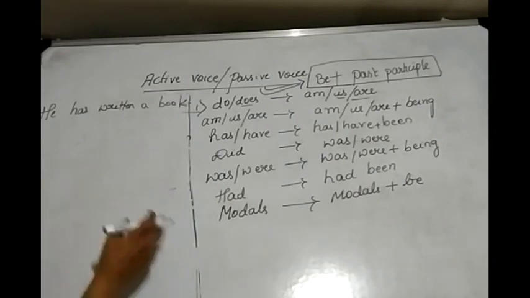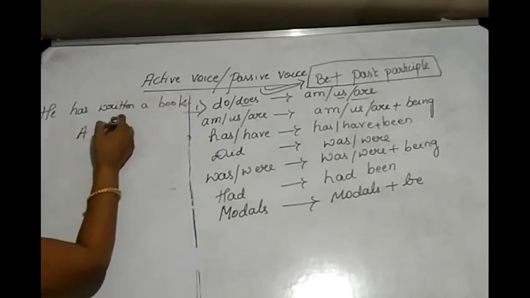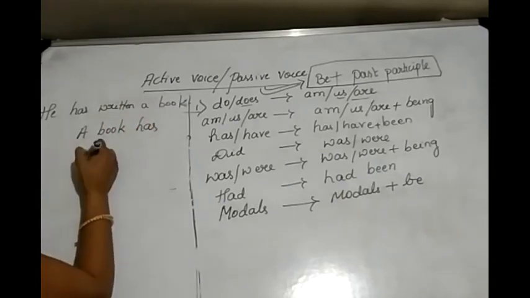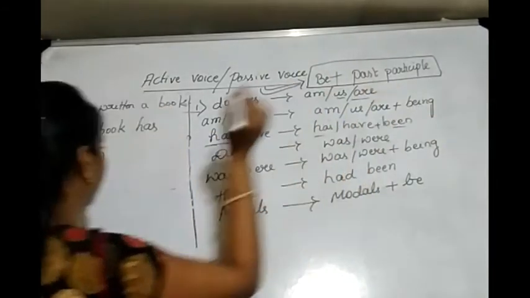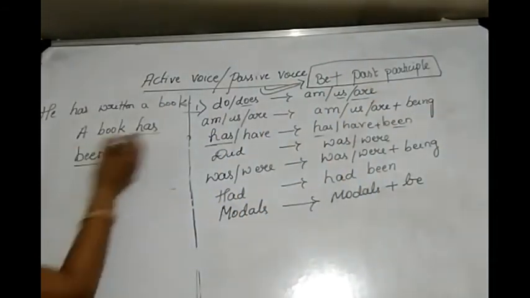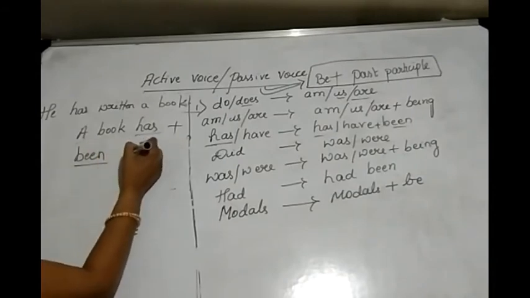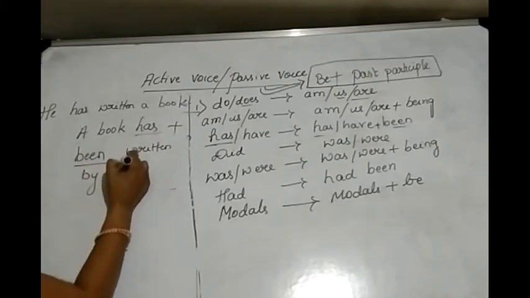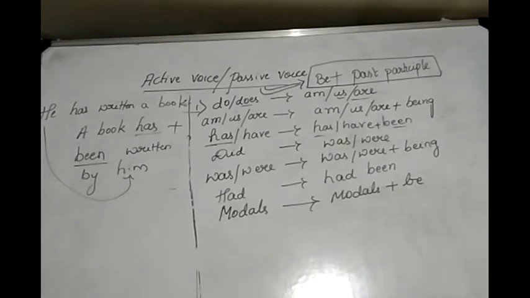When you change this, it becomes a book has been, because whenever we have has, we have to use has plus been. A book has been written by him. So he becomes him in the object position. Did you understand this?